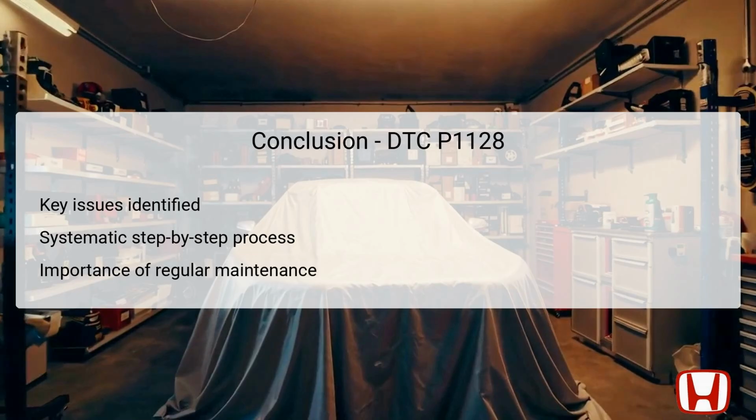Using the HDS and following the detailed troubleshooting steps presented ensures accurate diagnosis and effective repair. Remember, keeping an eye on regular maintenance, such as inspecting the MAP sensor and ensuring clean intake airflow, can significantly reduce the risks of future DTC occurrences. With careful attention to these details, you can keep your Honda Civic running smoothly and efficiently.